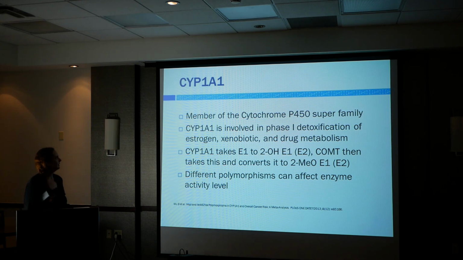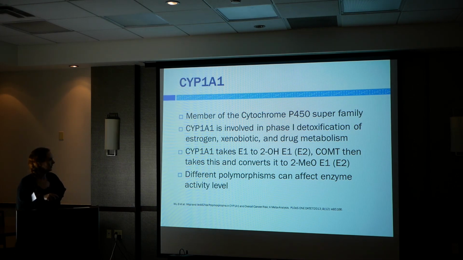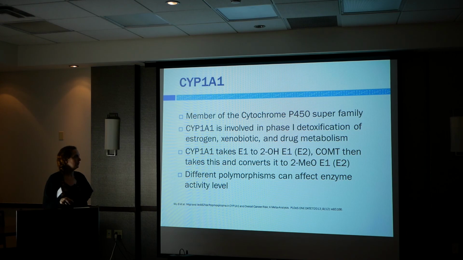Another example is CYP1A1. This enzyme helps break down estrogen. What it does is it takes estrogen and makes it into a compound called 2-OH-E1 or E2. This is a metabolite of estrogen that is pro-cancer. It can stimulate cancer, and you don't want this metabolite.